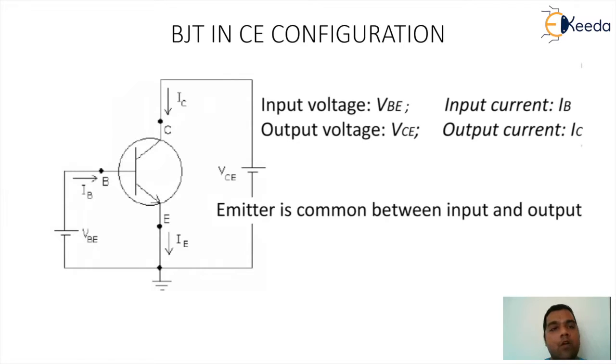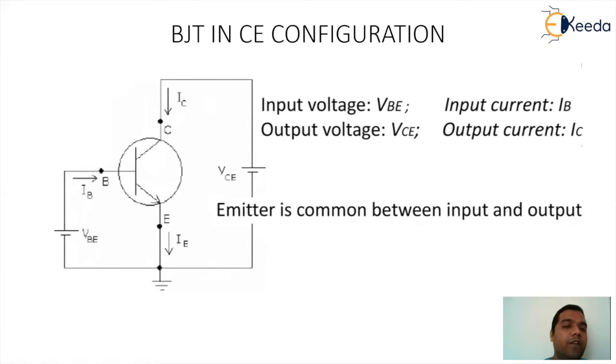In common emitter configuration, the base will work like the input terminal, the collector will work like the output terminal, and the emitter will work like the common terminal. The emitter terminal is unused here as an input or as an output terminal, and that's the reason the configuration is CE configuration.